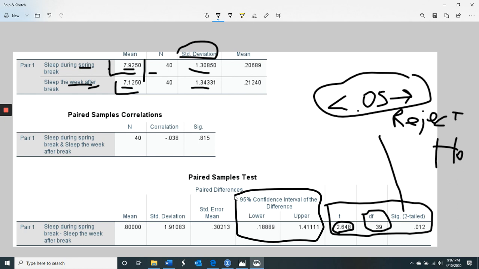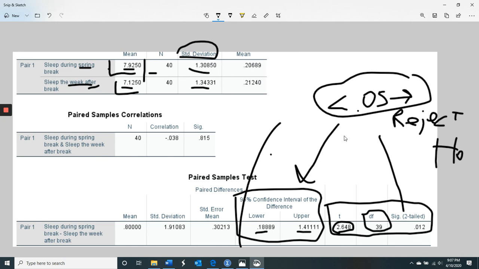Our second sentence is the 95, whoops, no, I did that. The 95% CI was, brackets, 0.19, comma, 1.41, end of brackets, period. So again, we rejected the H0, so there's no surprise here that our CI does not cross 0.